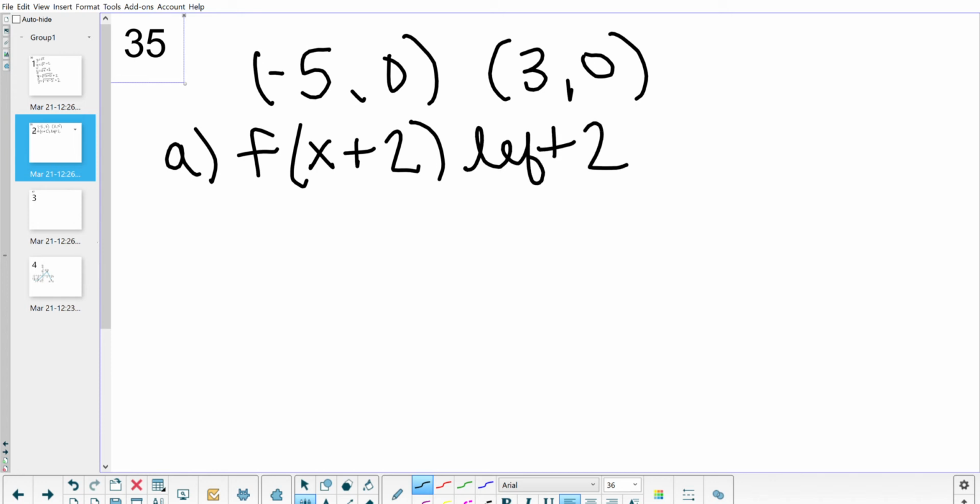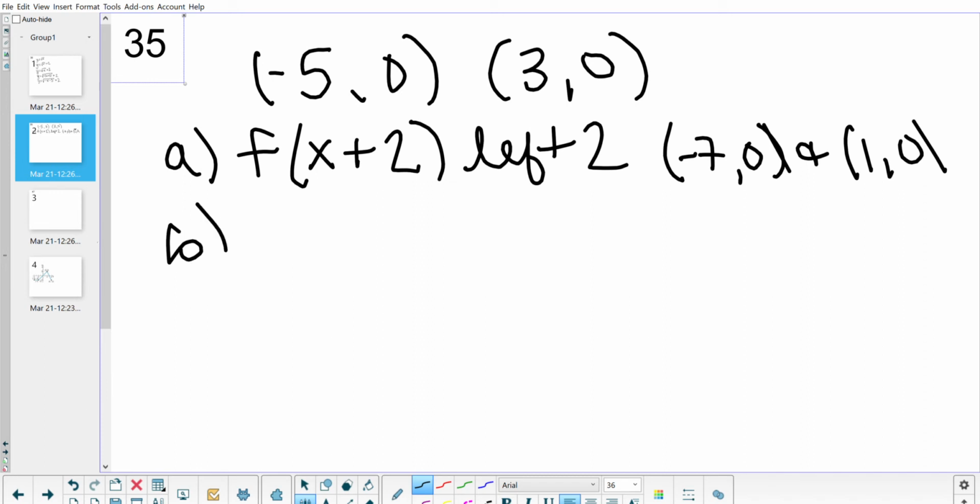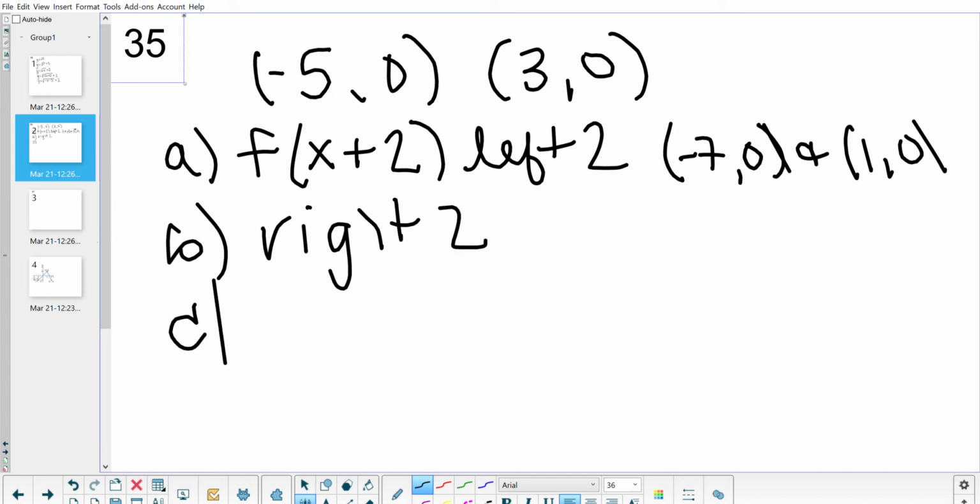So if I'm going to shift those x-intercepts left 2, they would now be -7 and, oh yikes, 1. And then B I'm going to skip, but since it's f of x minus 2, you'd be moving them to the right 2.